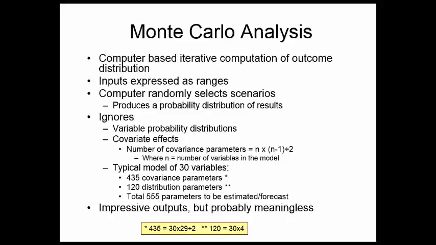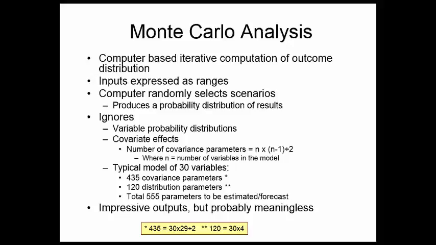It means that the input values are input as ranges rather than particular numbers, and whereas in sensitivity analysis we were talking in terms of optimistic and pessimistic, we can set values that may be a little further from that. In some cases, Monte Carlo analysis enables the statistical parameters of variance, skewness, kurtosis to be input as well. And so it appears to solve all of the needs of advanced analysis.